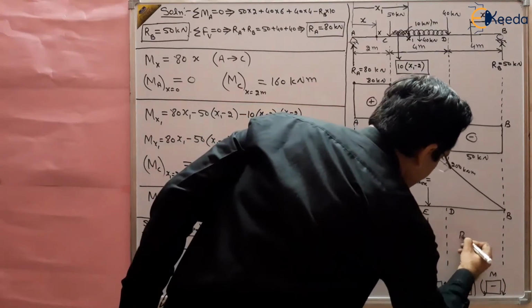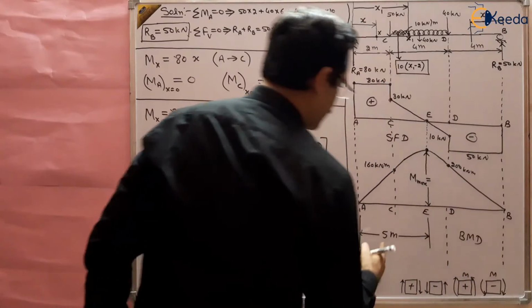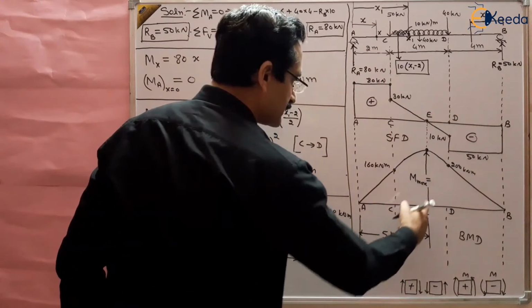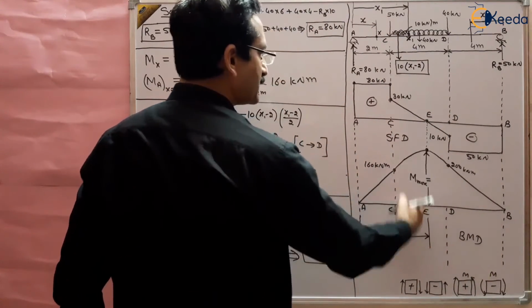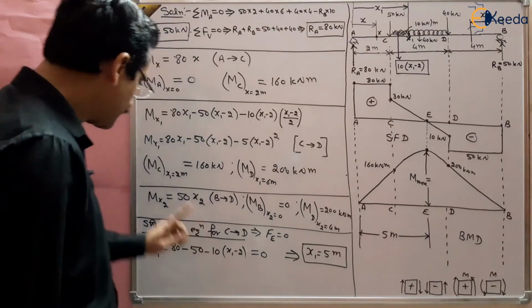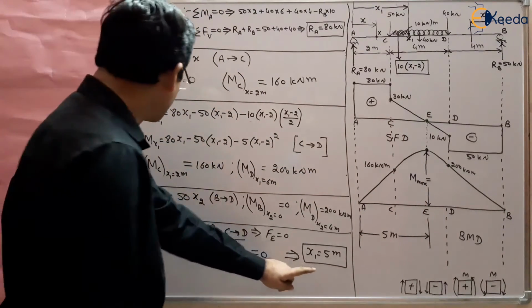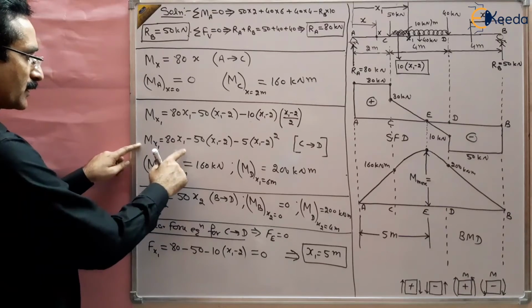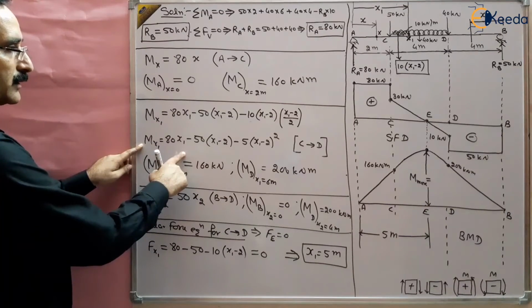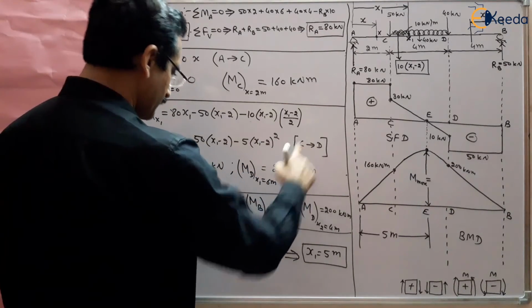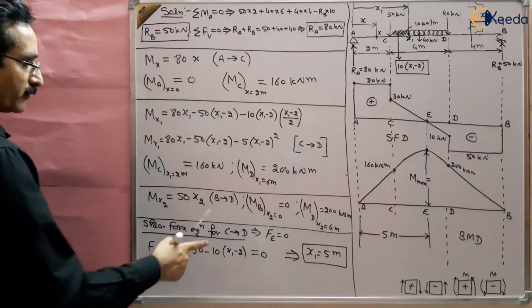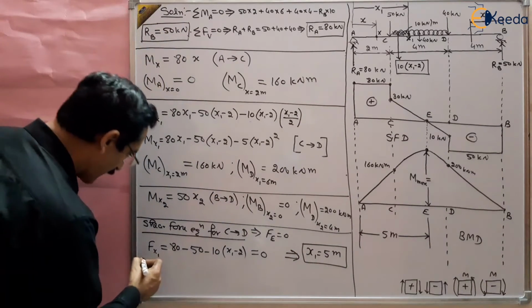So if this is the point where bending moment is maxima, put the value of x1 in this equation, right, which is valid between C and D, and then find out the maximum bending moment, Mmax.